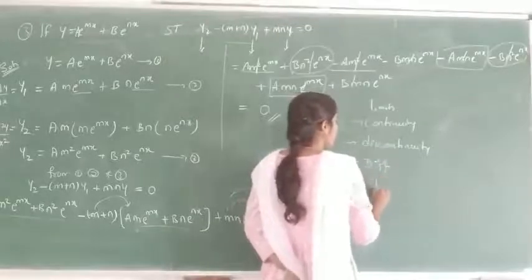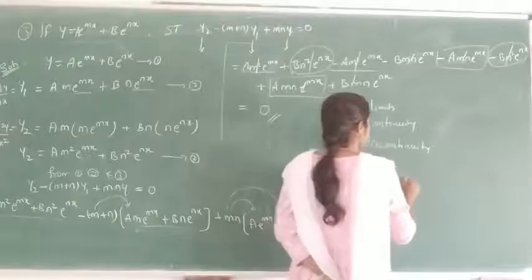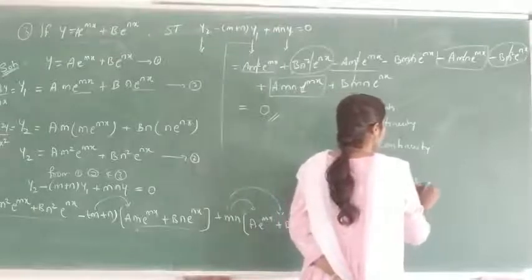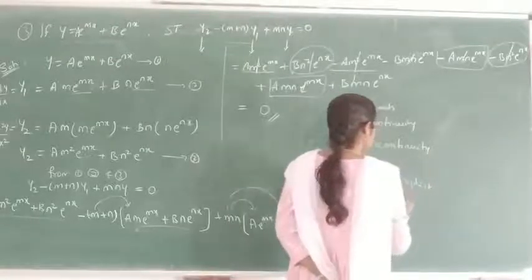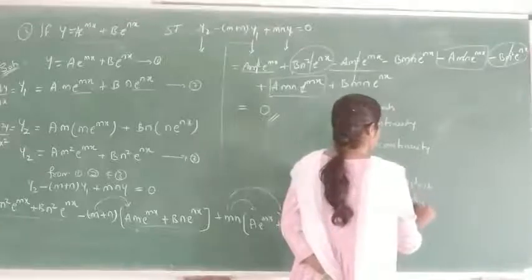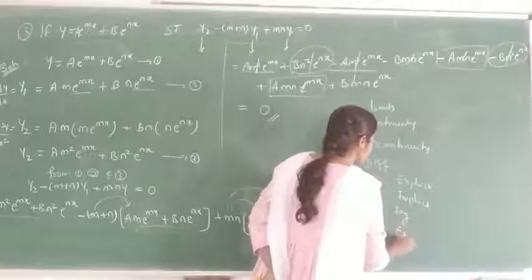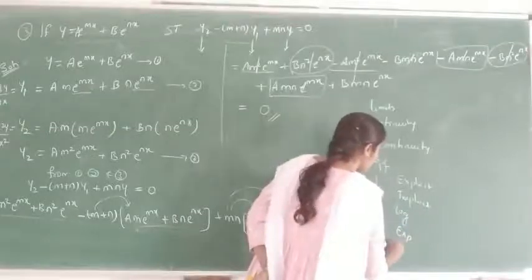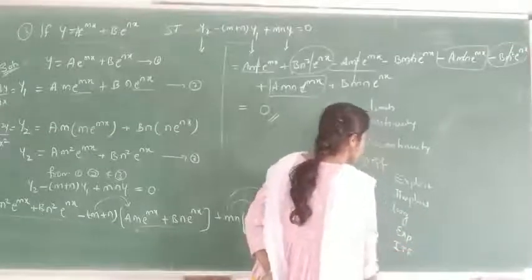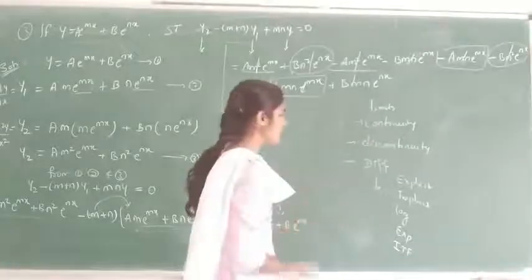In that there are many functions like explicit functions, implicit functions, derivatives of logarithmic functions, derivatives of exponential functions, and derivatives of inverse trigonometric functions. These are all very important.